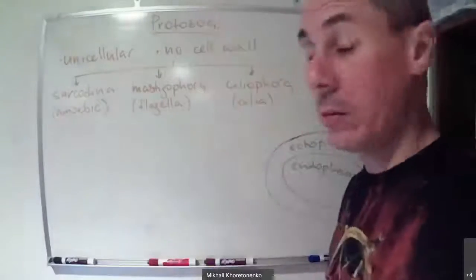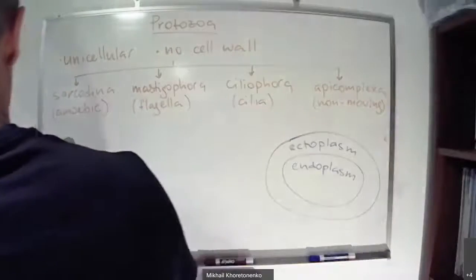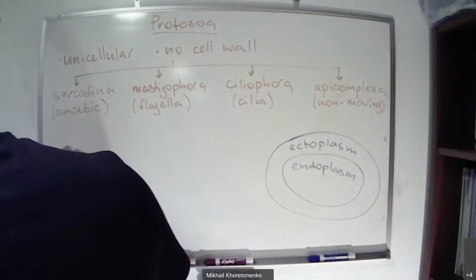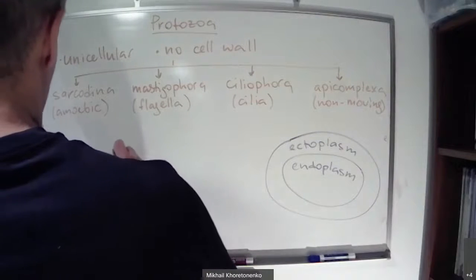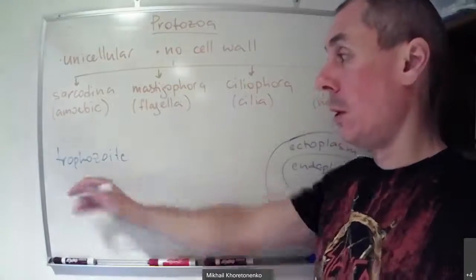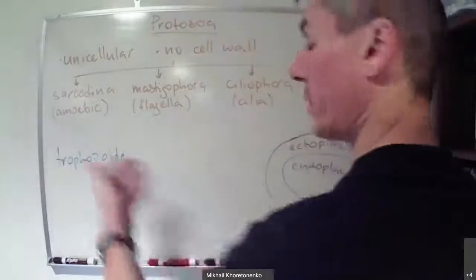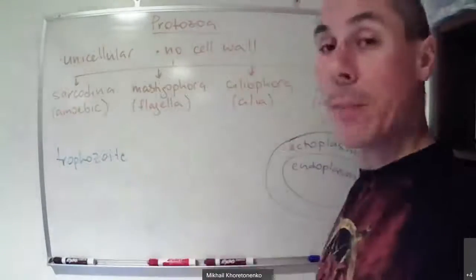Another important feature of protozoan cells is their ability, for most of them, to form so-called cysts. The living and feeding form of a protozoa is called a trophozoite. Tropho means feeding, zoa means living, so it is the feeding, living, reproducing form.